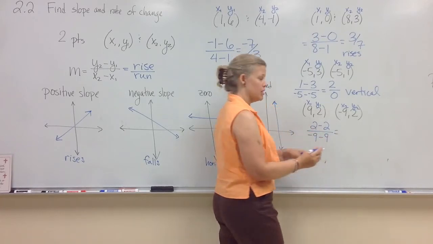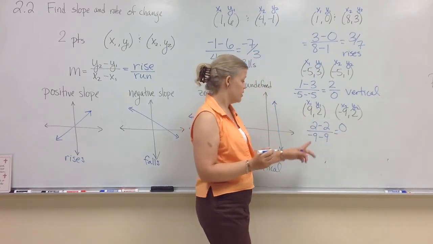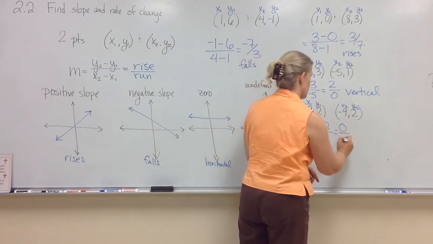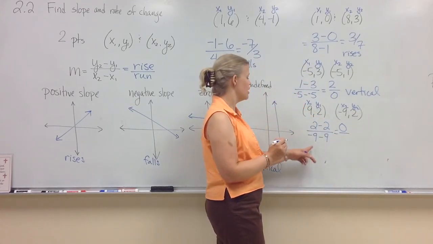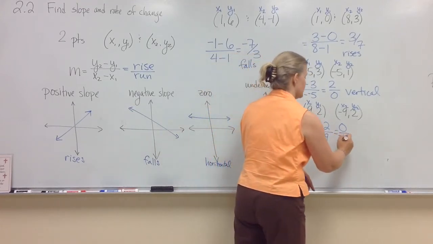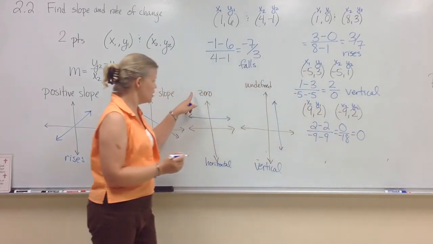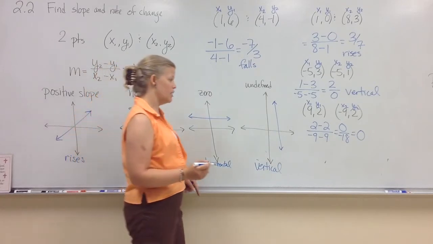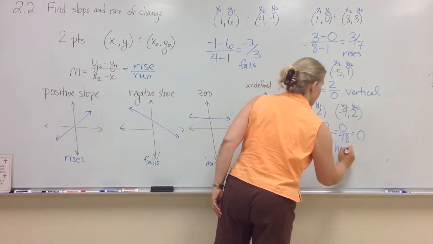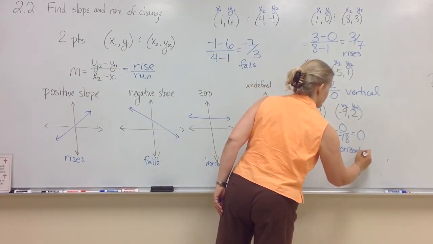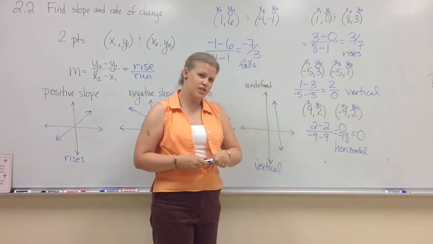Well, what is 2 minus 2? 0. -9 minus 9 is -18. So this is just 0. And we know that a 0 slope means that it's a horizontal line. Okay? Hopefully that's not too tricky.